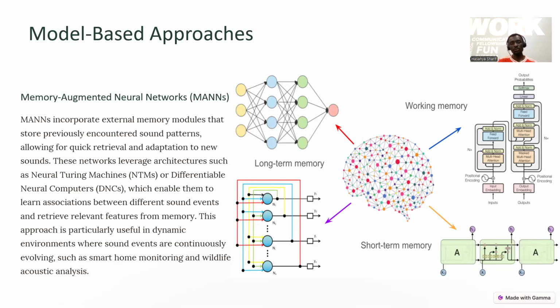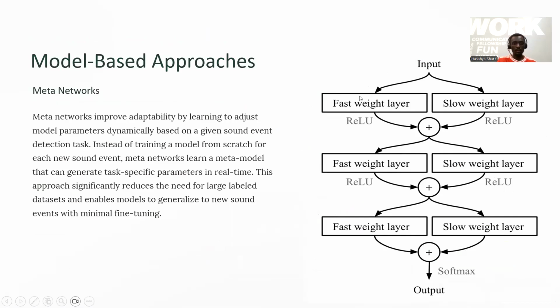Then next we have the meta networks. So in meta networks, we want the model to adjust from a few data samples without explicitly training it with another data set. So instead of training a new model from scratch for each new sound event, meta networks learn a meta model that can generate task-specific parameters in real time.